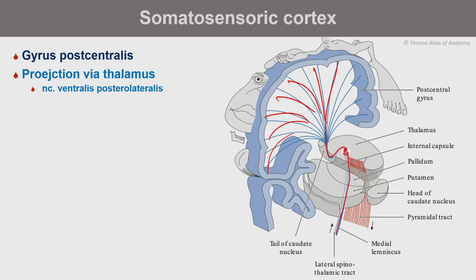So we have the largest territory of feeling from the tongue, from the thumb, and from the hallux or planta. So this is a little bit different than in the motor cortex.